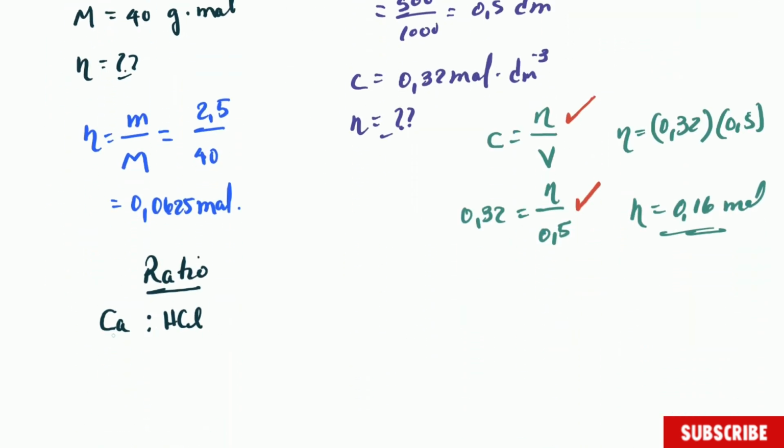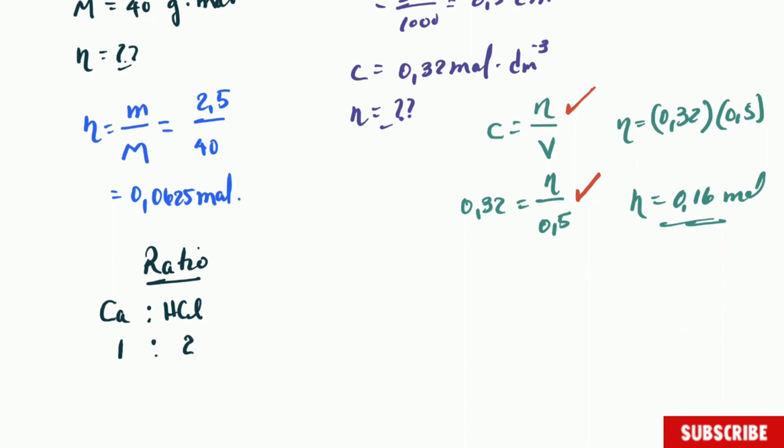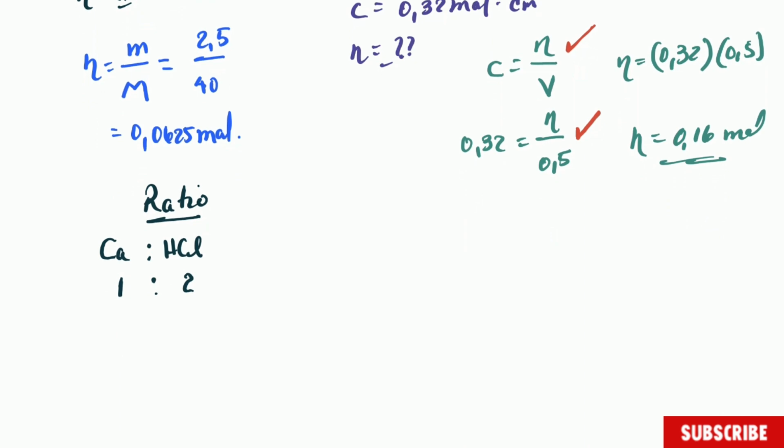Don't swap places. You have calcium first, so let's write calcium first. 1:2. And then we can use either one of them. So I'm going to use the calcium. If we have 0.0625 mole of calcium, how much hydrochloric acid will you need? And this is a cross product here.